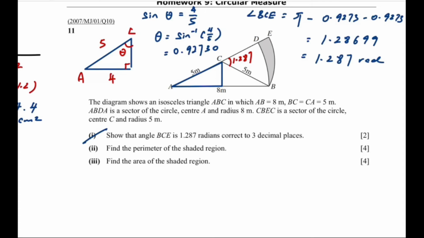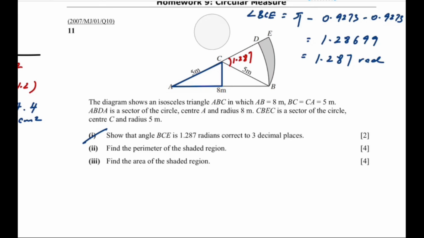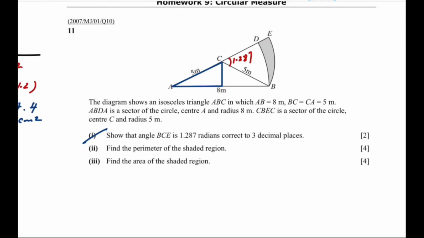Okay, now let's move on. Question number 2. Find the perimeter of the shaded region. So the length here, the length here, and the length here. Okay, just understand certain things first. First thing, this is 8 cm, the radius of this sector.